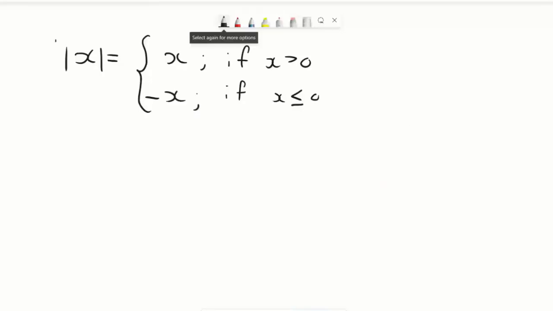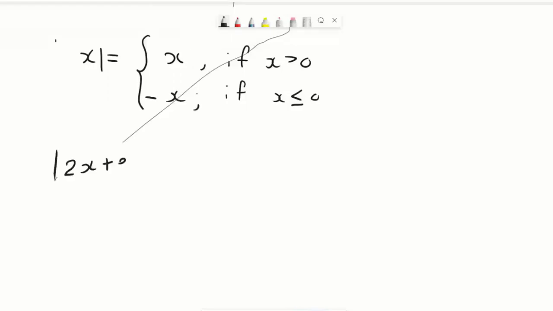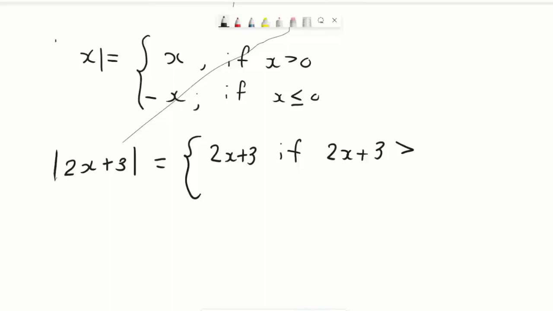So we had the absolute value of 2x plus 3 is equal to 2x plus 3 using the definition, if 2x plus 3 is greater or equal to 0, or just greater than 0, it doesn't matter. I can say that, or I can just say greater than, it doesn't really matter. And it's minus 2x plus 3 if 2x plus 3 is less than 0.